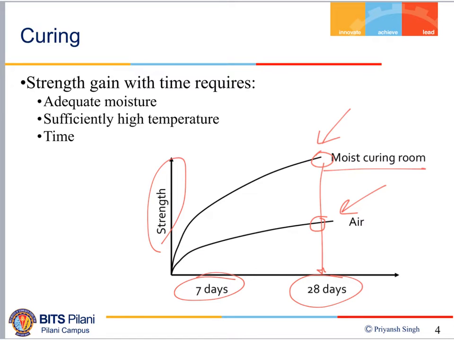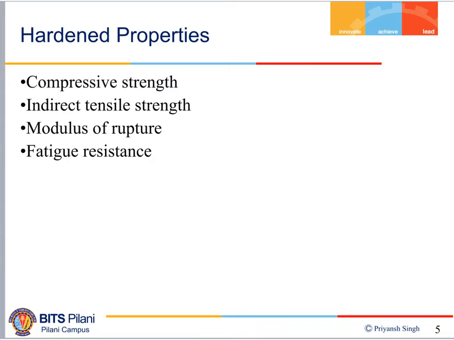After the curing process, the concrete will become hardened and its property will change from the freshly prepared concrete in terms of its compressive strength, its indirect tensile strength, modulus of rupture and fatigue resistance. These all four parameters, whether it's the compressive strength, indirect tensile strength, modulus of rupture or fatigue resistance, represent the strength of your hardened concrete.